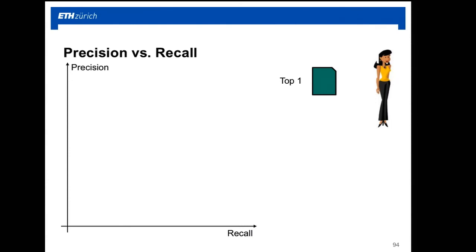Anybody? Yes? Well, if we finish our search afterwards, it's 100% each. I mean, if this is the single document that the user was looking for, then we have 100% precision because we return the single document that the user was looking for, and we have 100% recall because it returned exactly the document the user was looking for and nothing else.